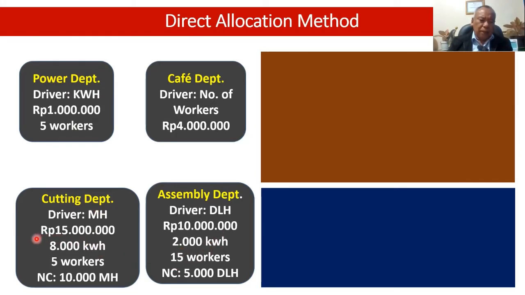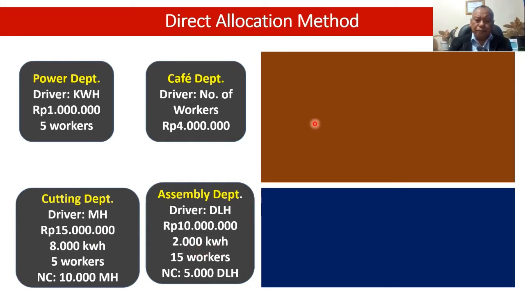For example, in this case, the cutting department consumes 8,000 kilowatt hours, and the assembly department consumes 2,000 kilowatt hours.